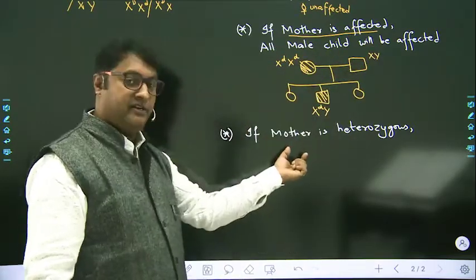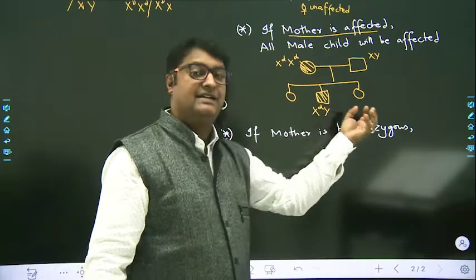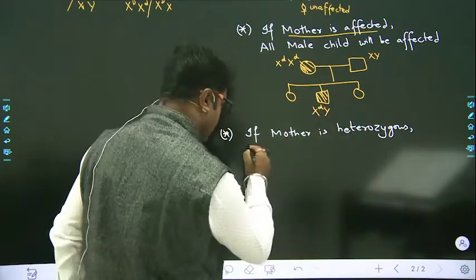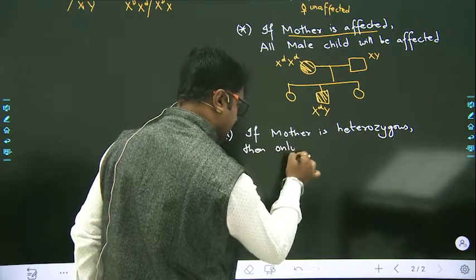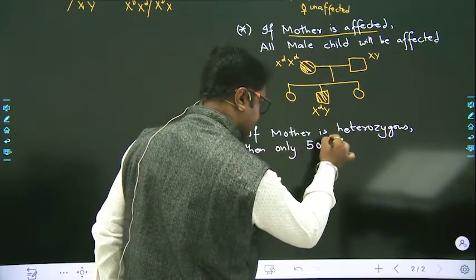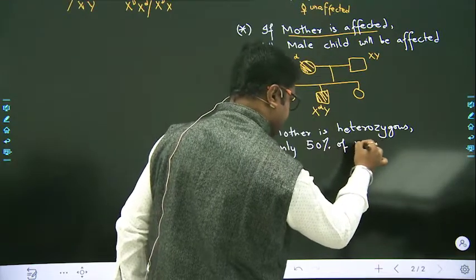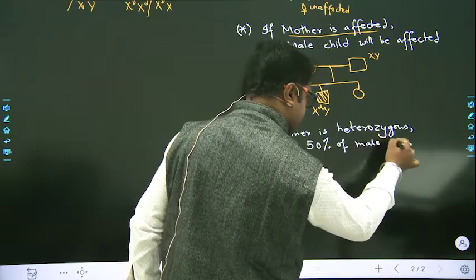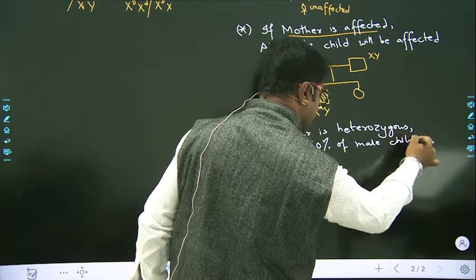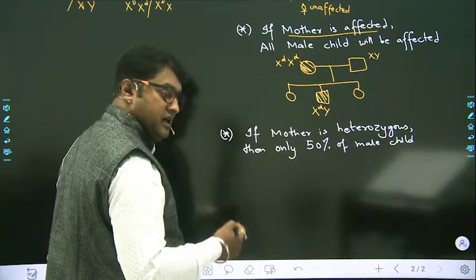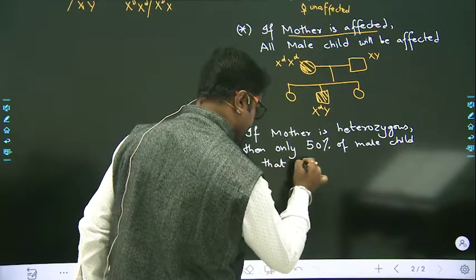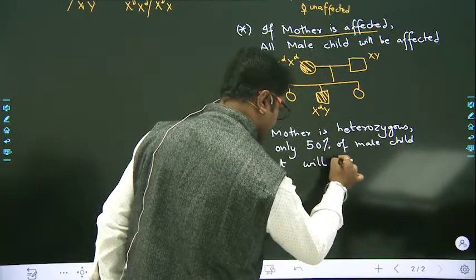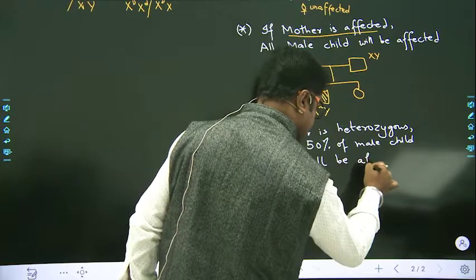But the next statement is, if the mother is heterozygous, then only 50% of the male progeny being born will be affected.